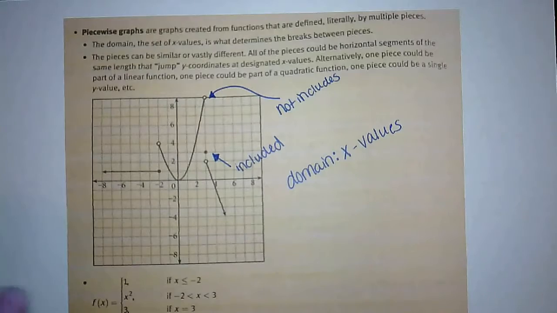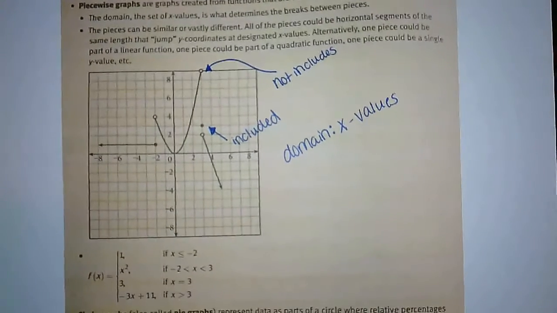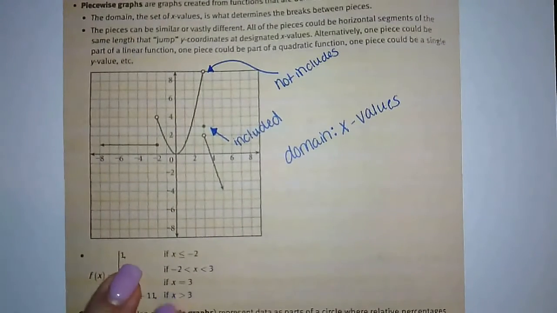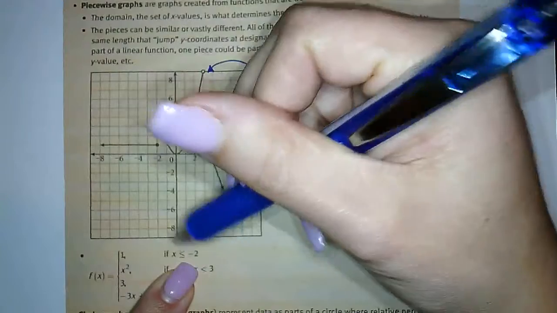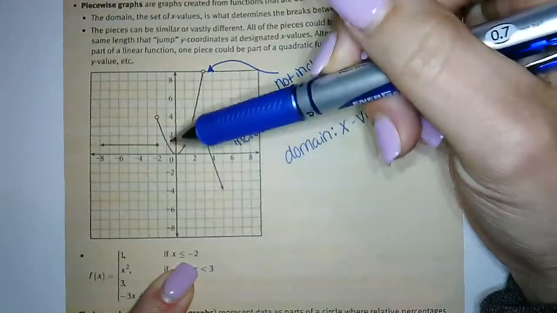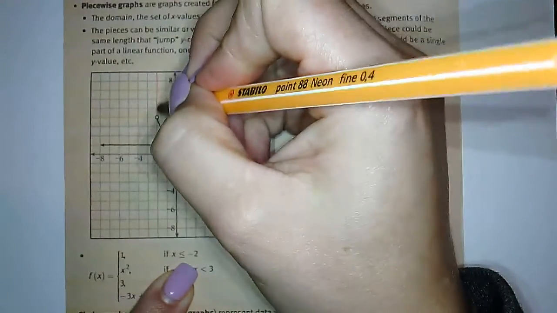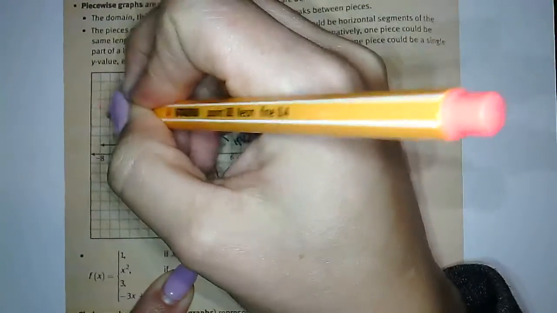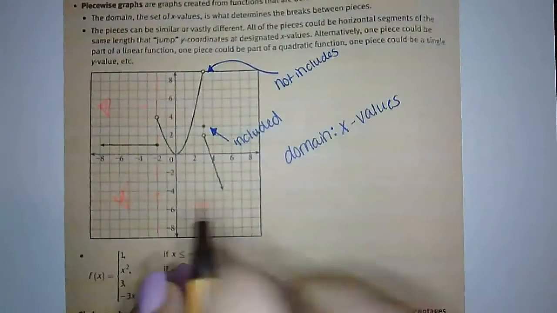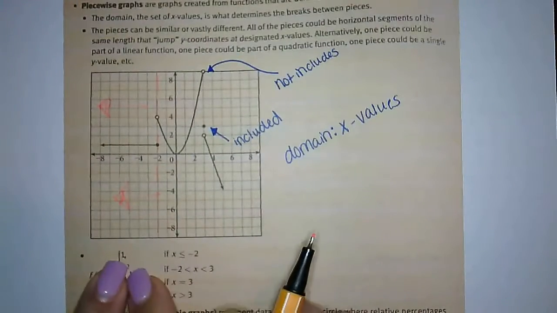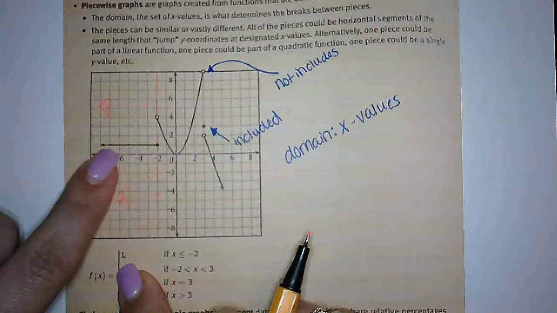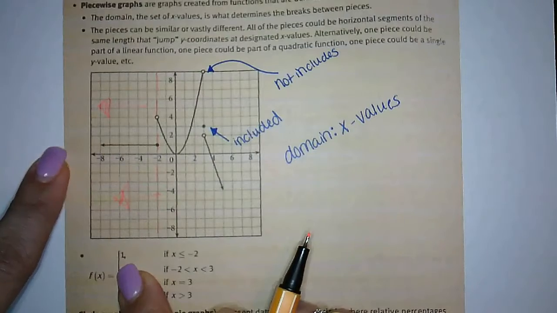So we can look at the solution for this piecewise function. When our x values are less than or equal to -2, so we're looking at this section, where x is -2, all these x values, so towards negative infinity, all of this, my solution is just 1. Y equals 1 all the way through.